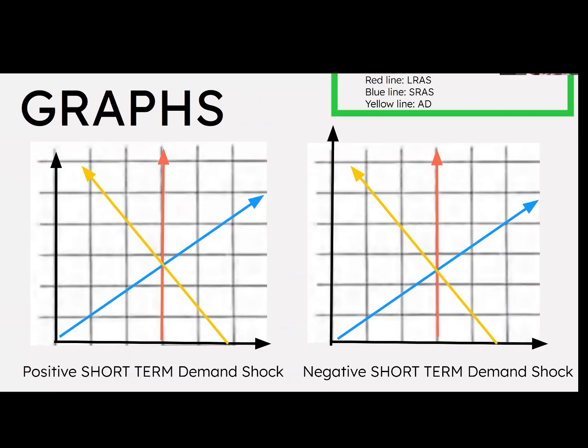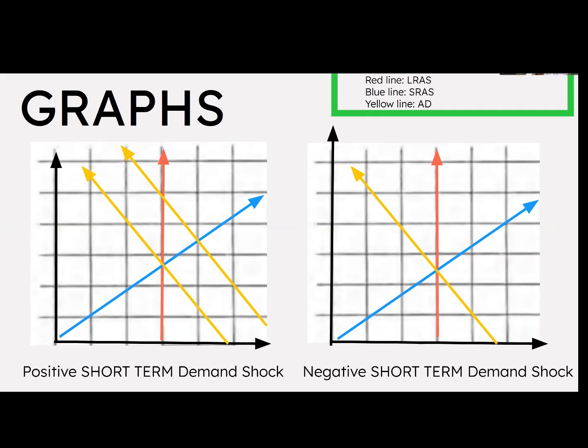And an increase in consumption contributes to an increase in aggregate demand. And aggregate demand, as I have in the key in the green box up there, is represented by the yellow line. And so if we have an increase in consumption, increase in aggregate demand, we're going to shift to the right. Okay, there we go. And with the shift to the right, we have increased output and increased prices.